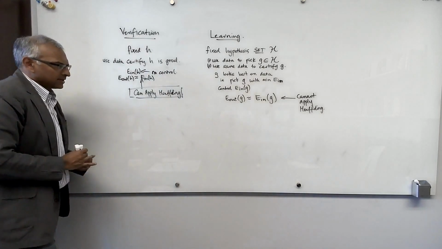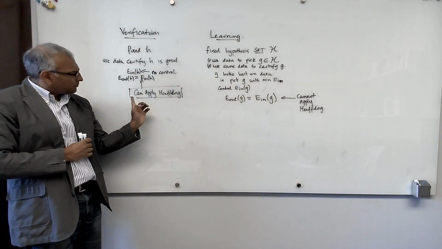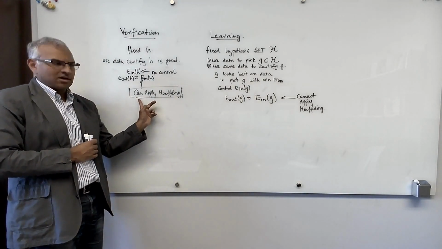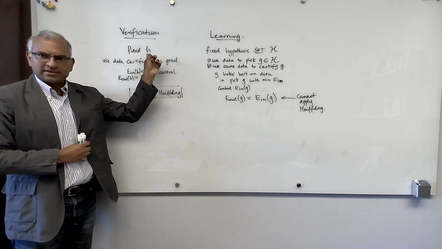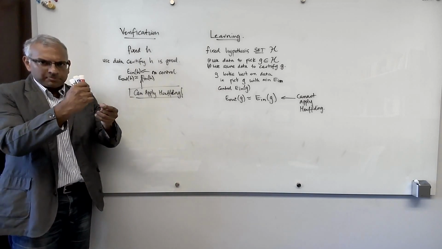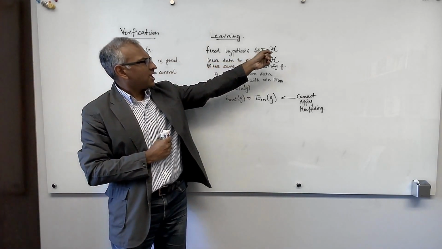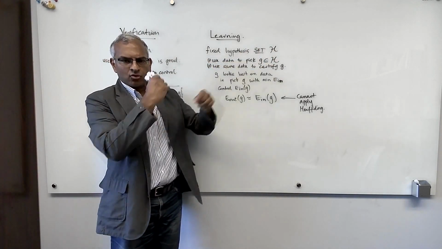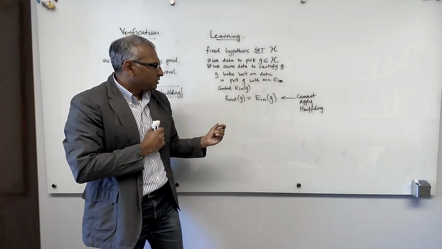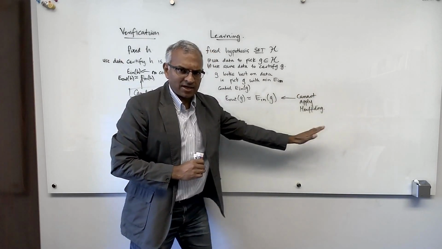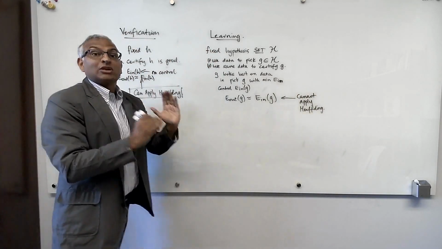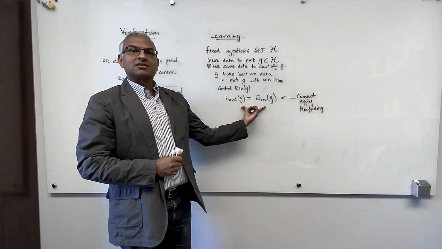And it's absolutely important for us to be able to apply Hoeffding here that the hypothesis was fixed before you look at the data. And that started to give you a hint. Many people ask this question, why does the hypothesis set have to be fixed before you look at the data? And that's because later on, we're going to modify Hoeffding, we're going to adapt Hoeffding so that we will be able to make this conclusion.